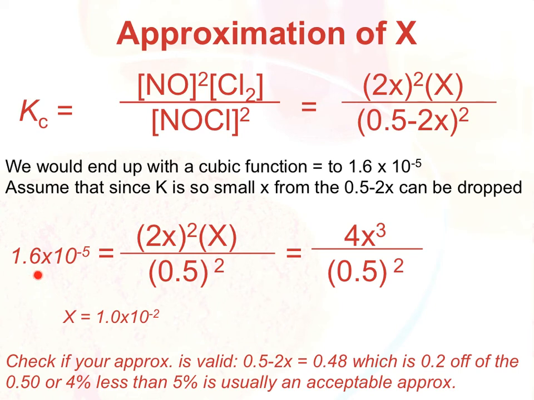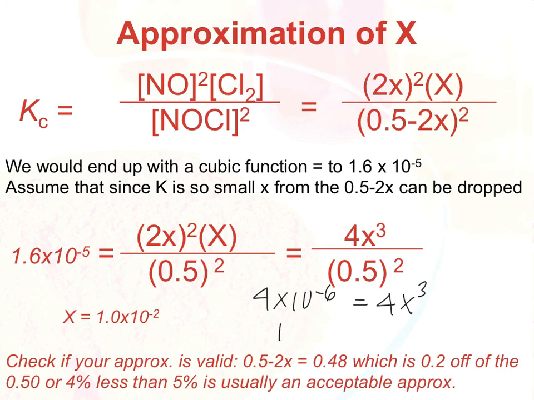Okay, once again, we know our Kc, we know our other concentration values with respect to x. Okay, plug in our 0.5, and that's subsequently going to give us 4x cubed divided by 0.5 squared, all equal to 1.6 times 10 to the negative 5th. And that's going to give us 4 times 10 to the negative 6th, okay, all equal to 4x cubed. Okay, we're going to go ahead and divide out by 4.